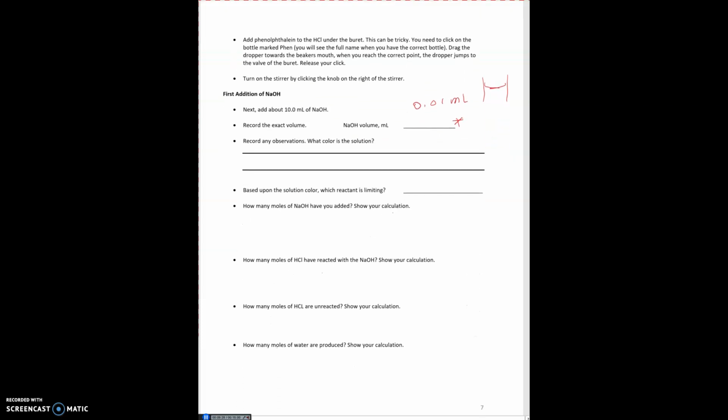And then you're going to go through and calculate the moles of sodium hydroxide you added. That's the same calculation you've already done. You're going to look at how many moles have actually reacted. Then how many moles are left unreacted? So that's going to be the total moles of HCl minus the moles of HCl reacted.